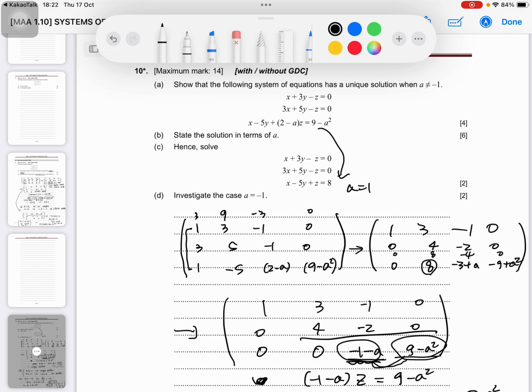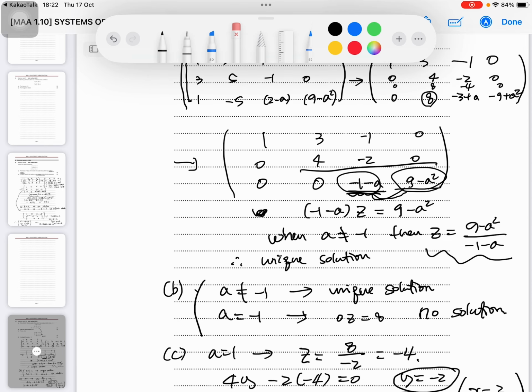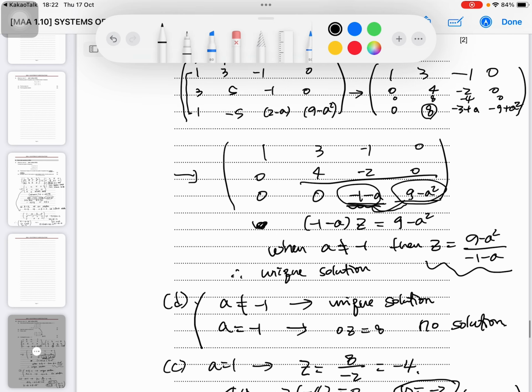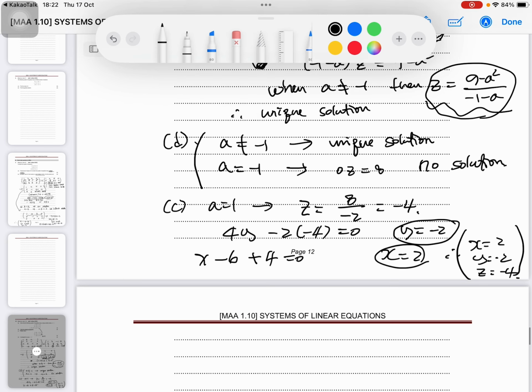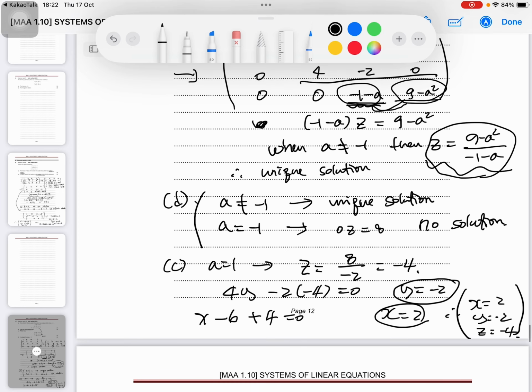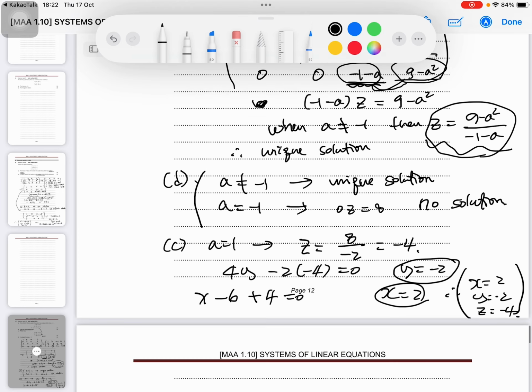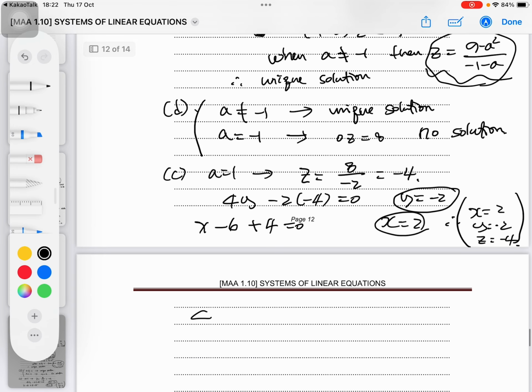And number D, investigate the case. No, I think this is the answer for number D. Now I understand what it is asking. So this was the answer for z. So solution in terms of a, oh, this is very long, but what can we do? Here, the second line was 4y minus 2z equals 0.